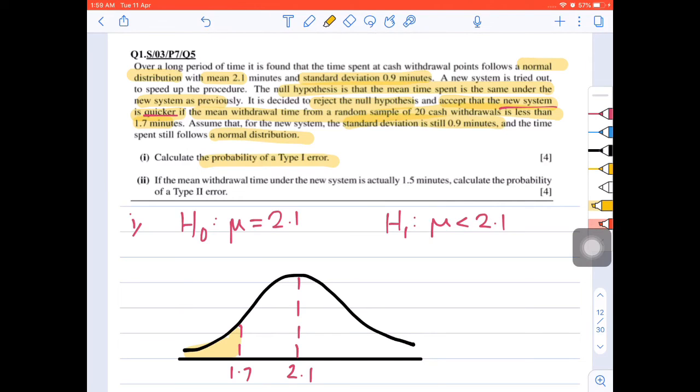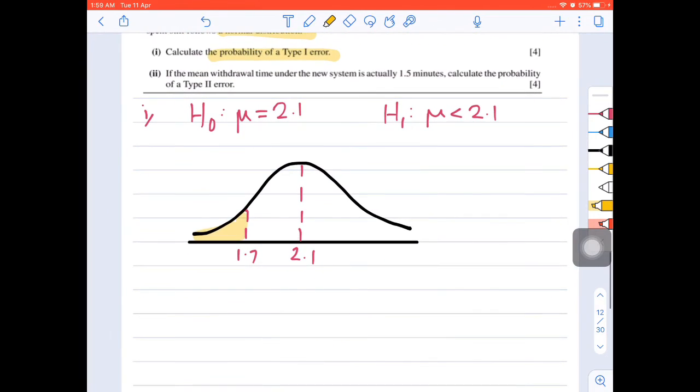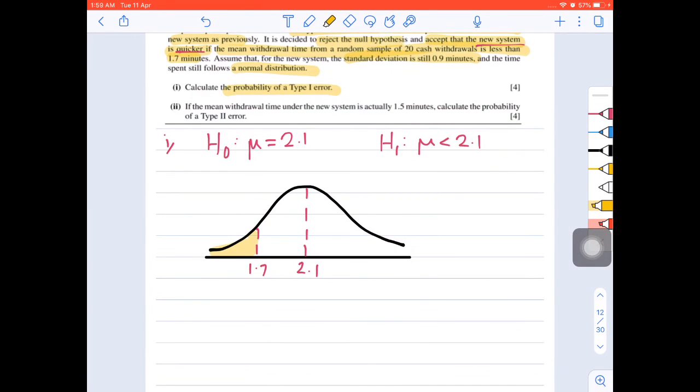This region will be the rejection region, so you have to find the probability of this region.